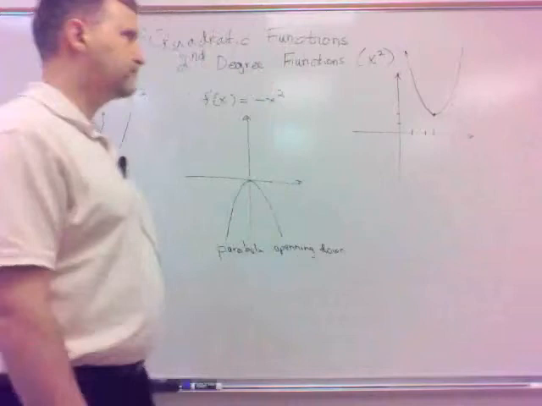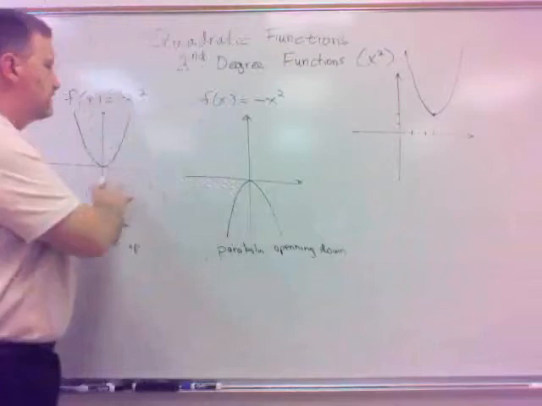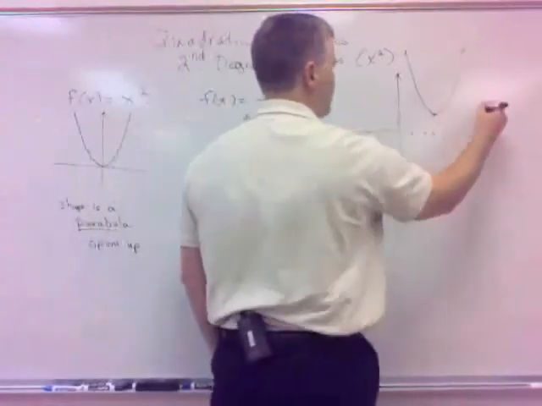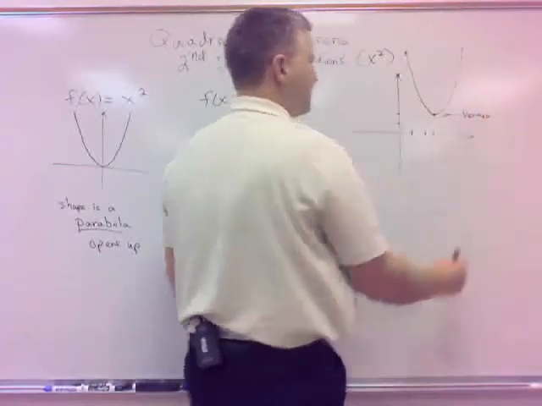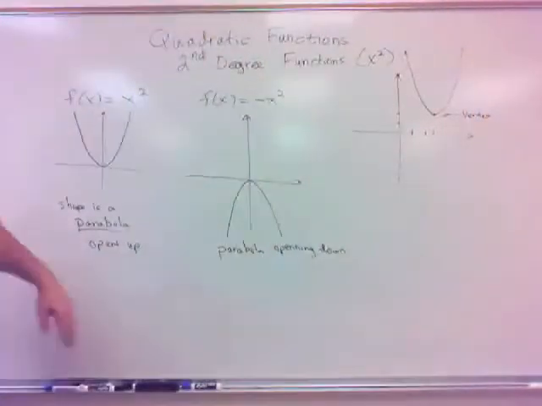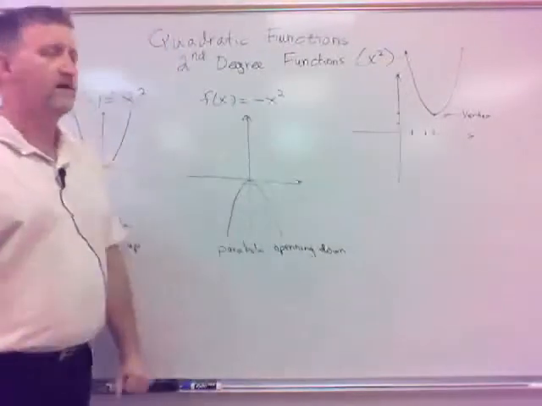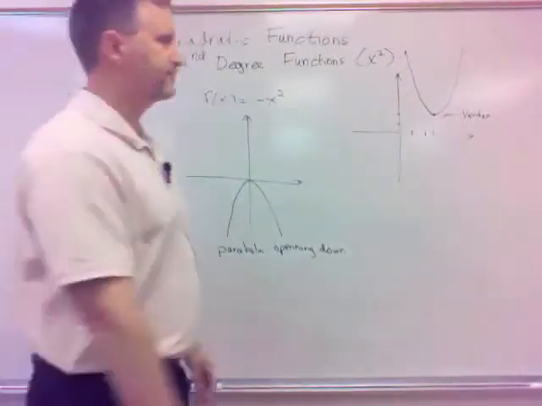Yeah, a lot of these that we're going to see are parabolas that are shifted off of the 0, 0 point there. Okay, but anyway, this point here, call it the turning point because, you know, in this case it's a low point. When it opens down, you got a high point. But that turning point, that's referred to as the vertex.